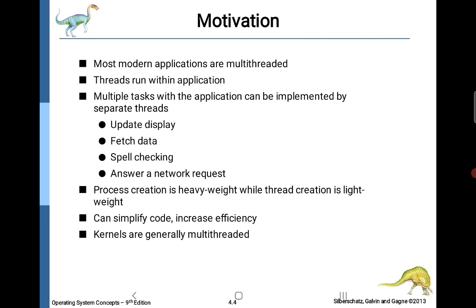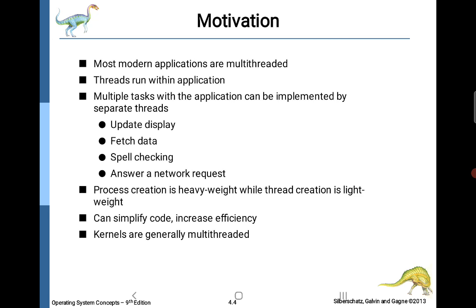And if we go back to our example, the word processor has the code of the word processor itself. There is an editor. There can be a spelling checker. There can be a thread that's working on saving the document, and there can be another thread that is searching online for, let us say, the meaning of a word, and a third thread that is displaying an image within the text.